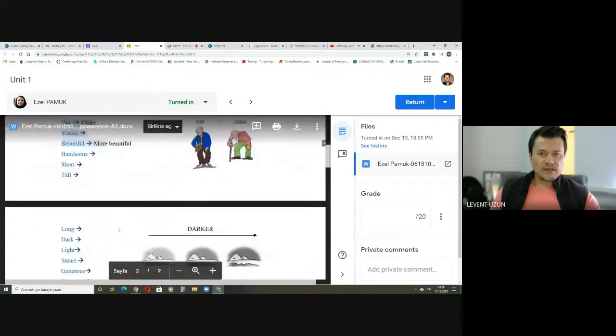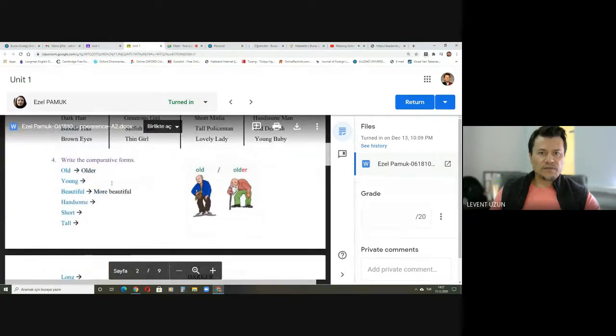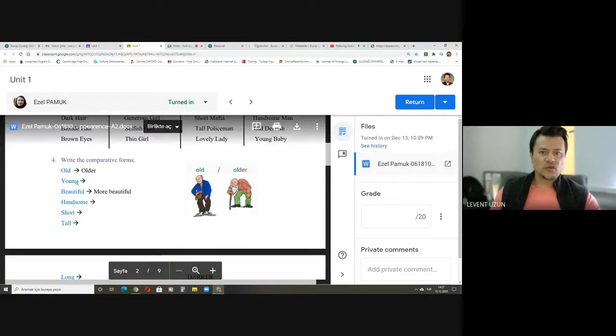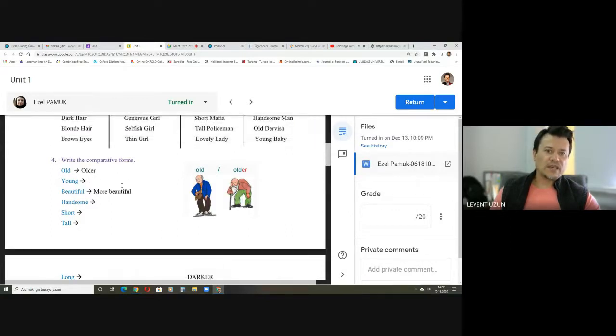And you teach them the comparative form. Old is older. This one is older. Good. Young, so they will have to add ER. Maybe you can give 2 examples here, so they know that each time they have to add ER to these adjectives. Young, younger.